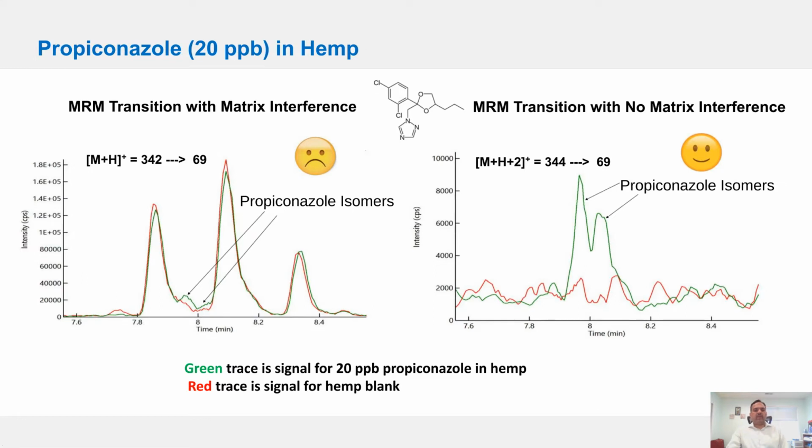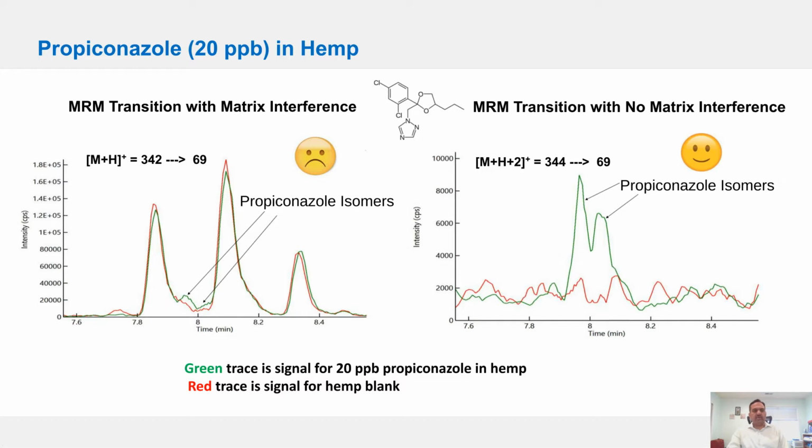So next, I would like to talk about the strategies we deployed to reduce these hemp matrix effects to improve our method sensitivity. So one strategy is to optimize our MS method to reduce matrix interference and thereby improving method sensitivity.